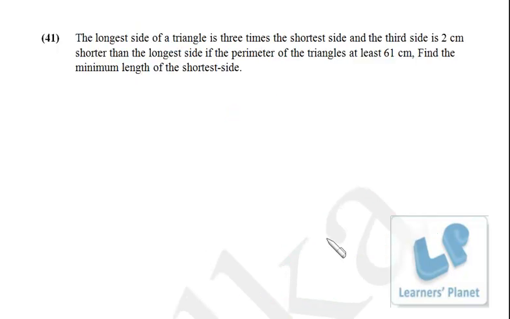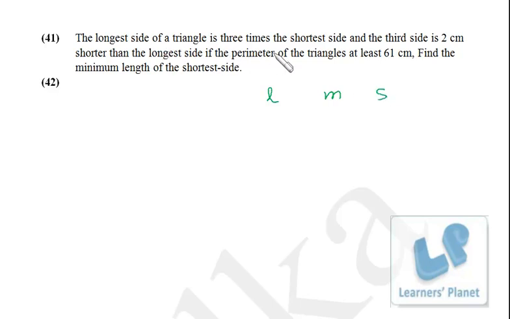The longest side of a triangle is 3 times the shortest side, and the third side is 2 centimeters shorter than the longest side. If the perimeter of the triangle is at least 61 centimeter, find the minimum length of the shortest side. Okay, so I just write in increasing order, longest, then medium, and then smallest.